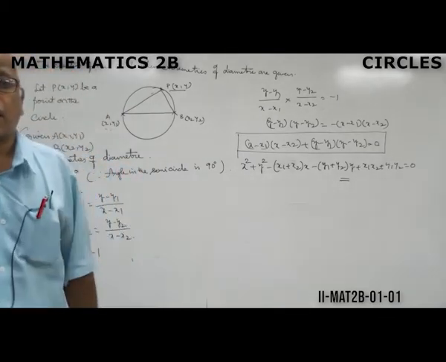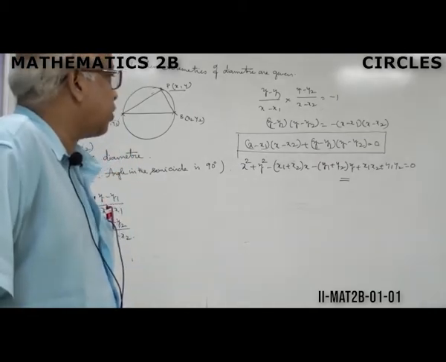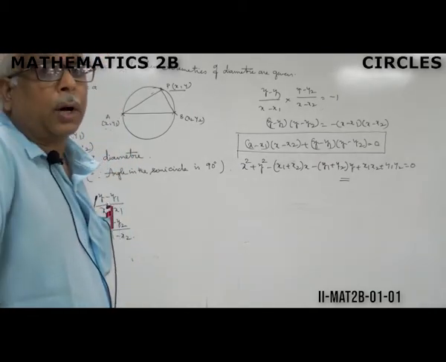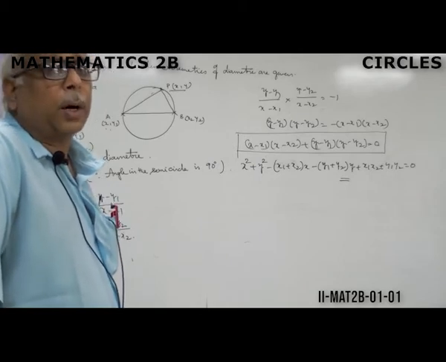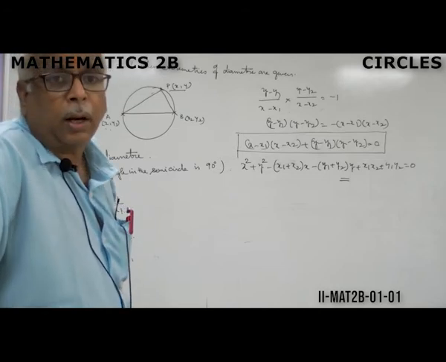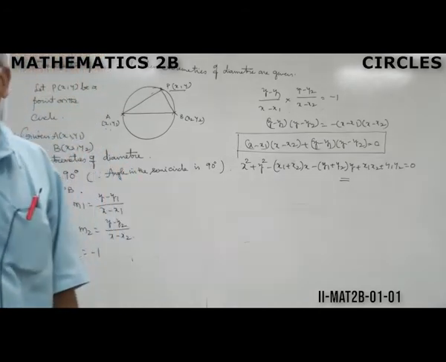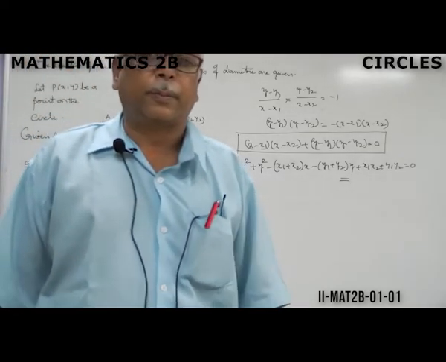So the first formula is useful when center and radius are given. The second formula is useful to assume the standard form of a circle, or when the equation of the circle is given, and using that we can determine the center and radius.